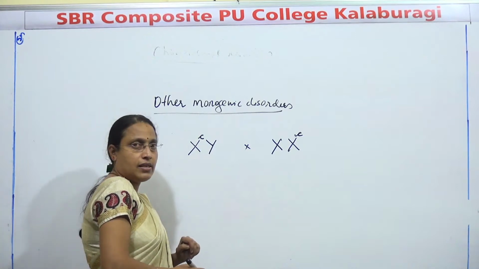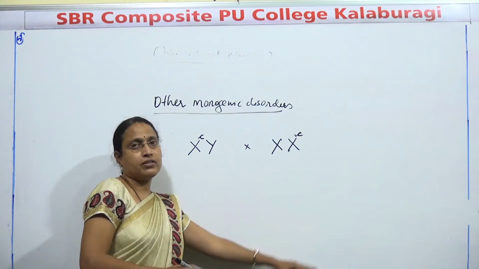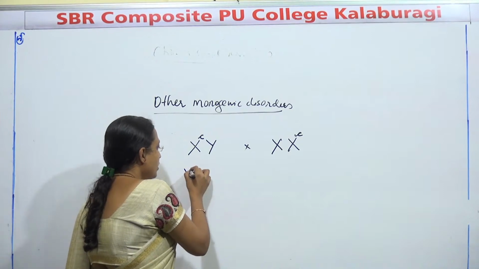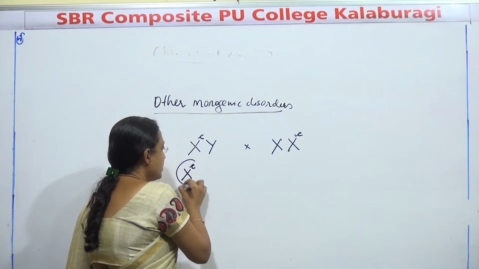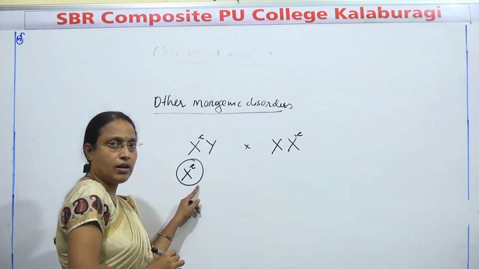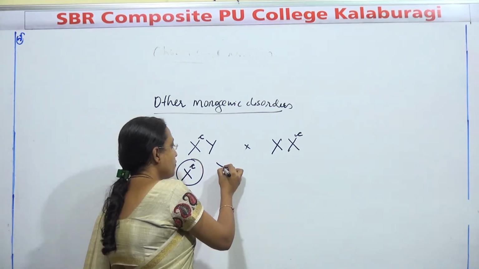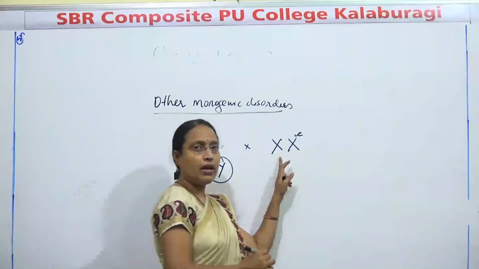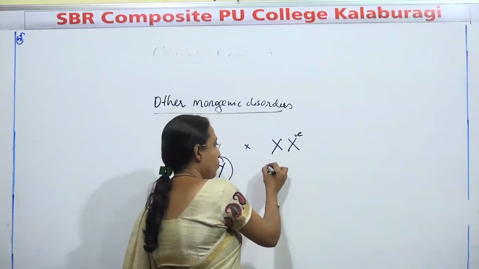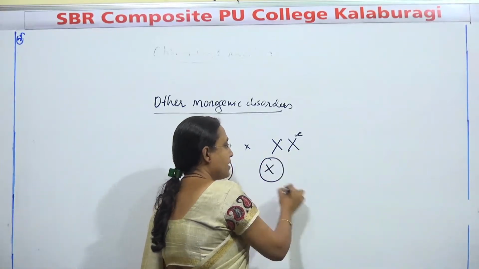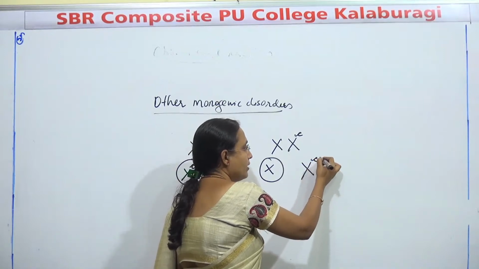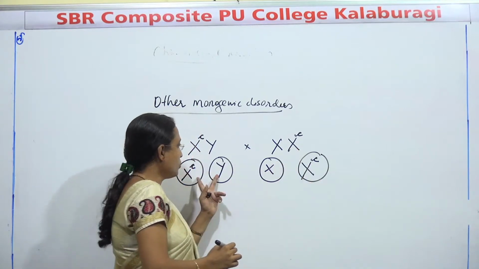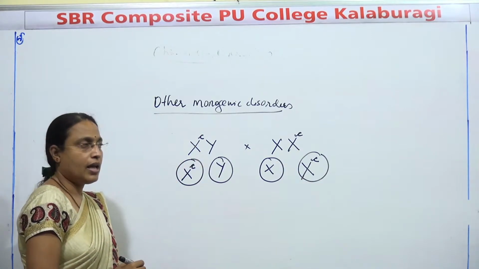Now, in this case, what are the proportions of offspring suffering with the disease called color blindness? Now, the gametes produced: there are two types of sperms formed by this male, and by this female there are two types of ovums formed. One carries the normal X chromosome, another carries the diseased one. The parents are diploid and the gametes will be haploid.